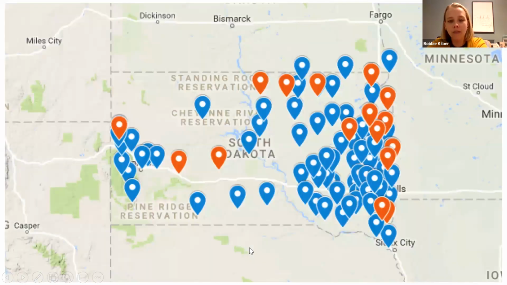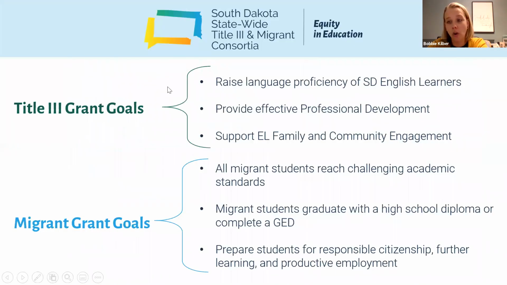This is kind of a map of the travels for our consortium, pretty much everywhere. And we work from these goals. Our goals for our consortium are to raise the language proficiency of South Dakota English learners, provide effective professional development, and support family and community engagement. That's the Title III, the English learners goals.